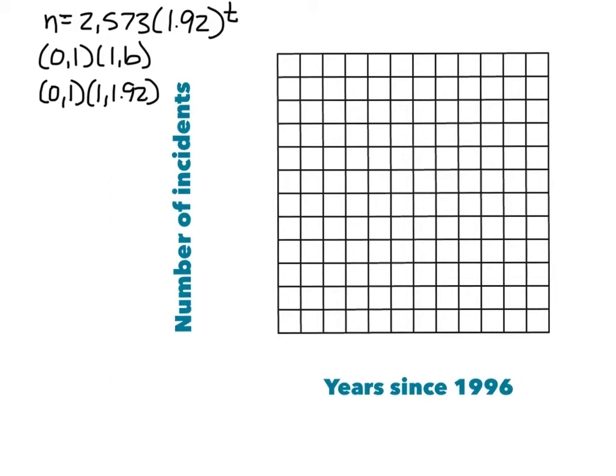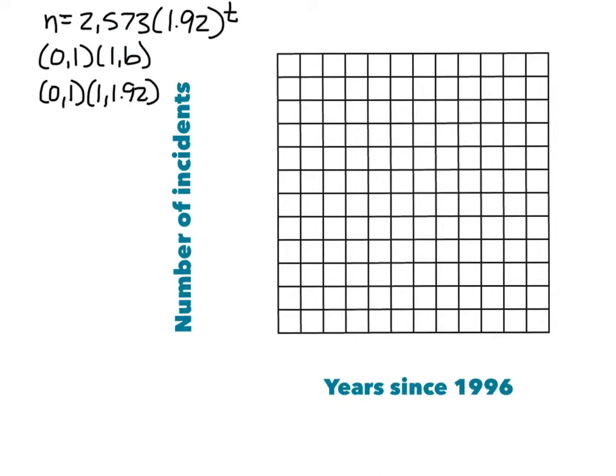Okay, so now I have to think, is there an a that is multiplying the y values? 2,573. Right, so every y value needs to be multiplied by 2,573. So just like graphing any normal exponential, you would do 0, 1, 1b, and then take the y values and multiply them by a.